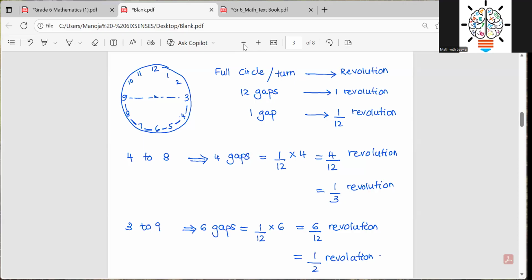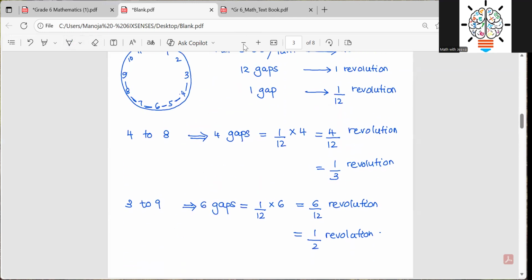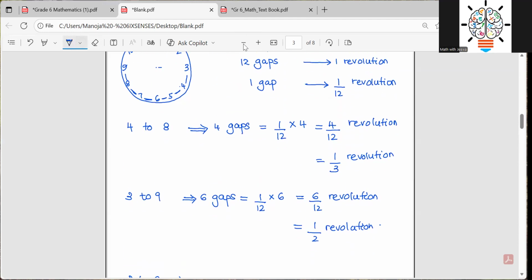And there can sometimes be something like this. Let's say you have 3 to 8, right? So look at this carefully. Now, how many gaps do we have, children? 1, 2, 3, 4, 5.